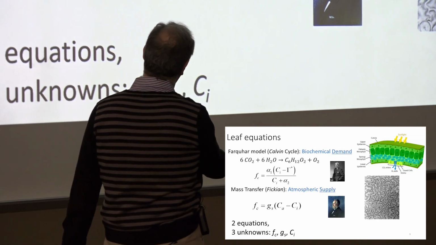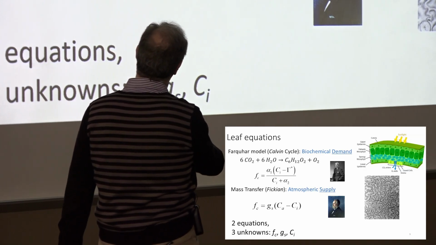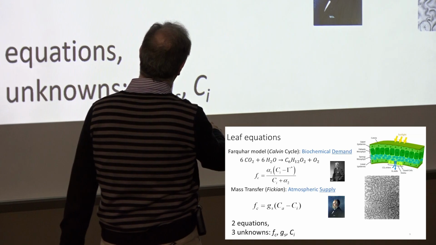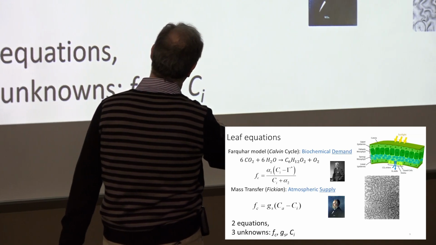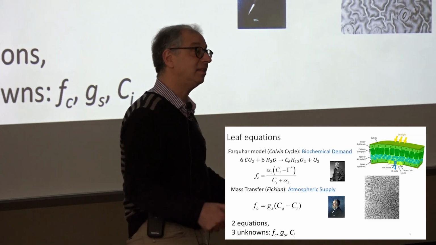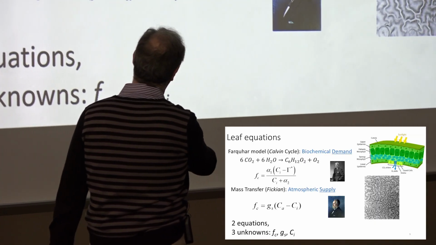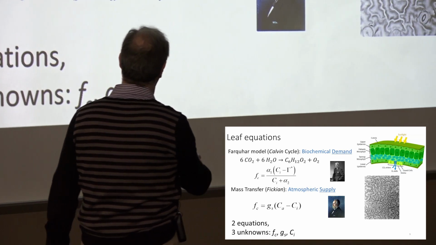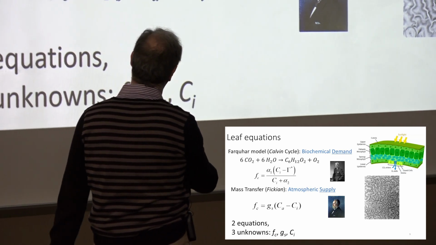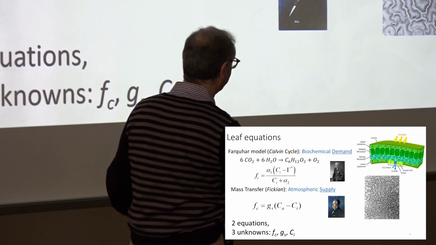Now, the coefficients alpha 1 and alpha 2 that you see here basically say which limits this reaction. Is it the amount of photons, the light part, that drives it, or is it the enzyme kinetics that are dependent on temperature to produce the sugars and the oxygen? So is it more light limited or temperature limited? Those are going to affect the coefficients alpha 1 and alpha 2 in a known and predictable way.